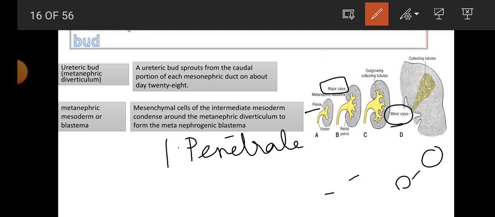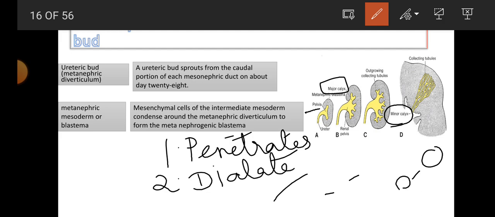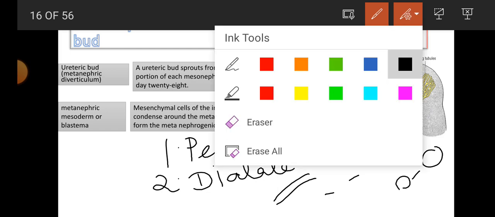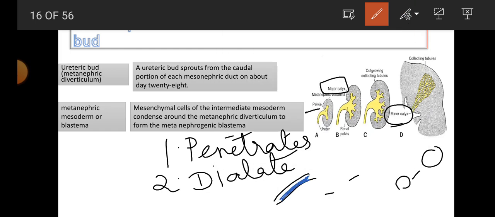Penetrates first. Second, the penetrating tissue starts dilating. This is the ureteric bud. It projects into the metanephric mesenchyme.